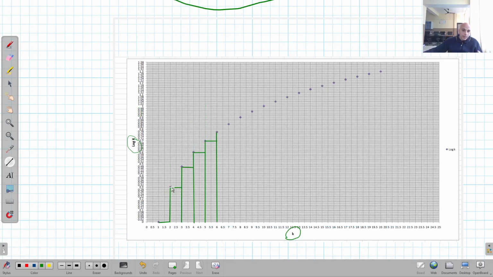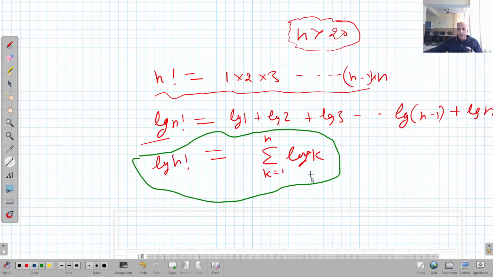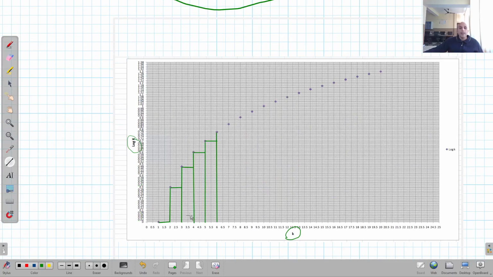So the values are like this: 1, 2, 3, 4, 5, and so on. If I calculate this sum, it will give me the area under these bar diagrams.